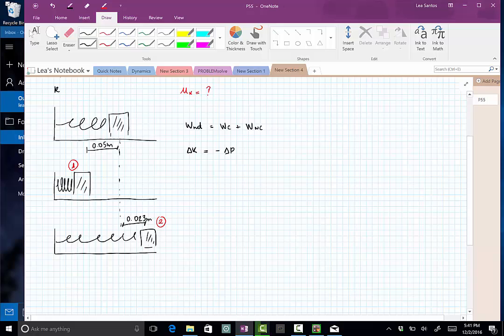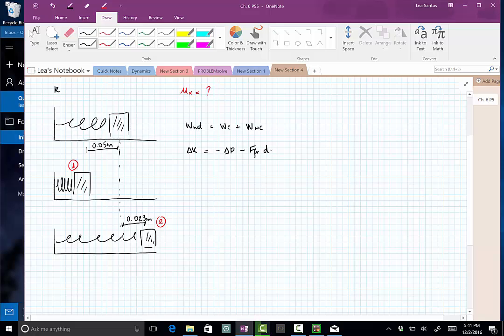Non-conservative forces involve, for example, friction. In this problem, that's what we are after. And we know that the work done by a friction force is against the displacement, so we should put a negative sign: friction force times the displacement.